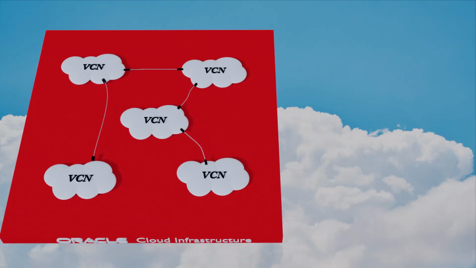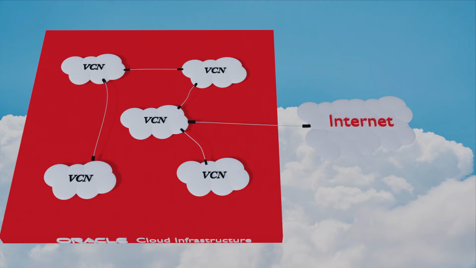You can also connect your VCNs to the internet, which is essentially another cloud, but one outside of Oracle's OCI platform. For example, if one of your clouds hosted a publicly available website, you can connect your VCN and its websites to the internet by creating an internet gateway for the connection and specifying ingress and egress rules that are specific to that individual VCN.